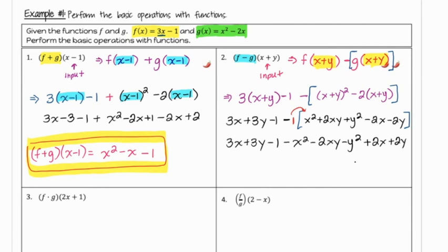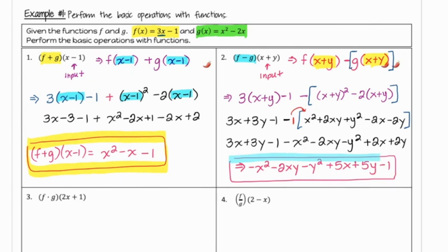My last step is combining like terms. And since this one's a long one, all I'm going to write is my arrow piece and my final answer. So this is my final answer: -x squared minus 2xy minus y squared plus 5x plus 5y minus 1.